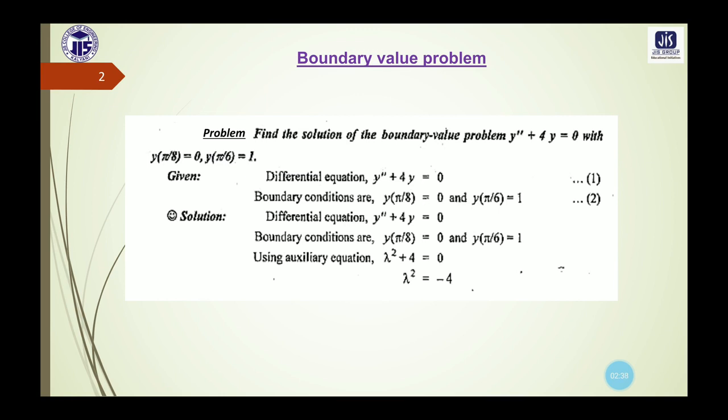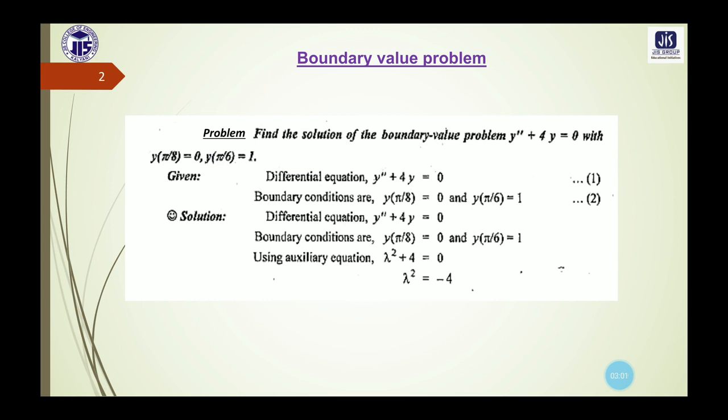Now from the differential equation we first need to write the auxiliary equation, that is lambda square plus 4 equals 0. This is the auxiliary equation of the given differential equation.